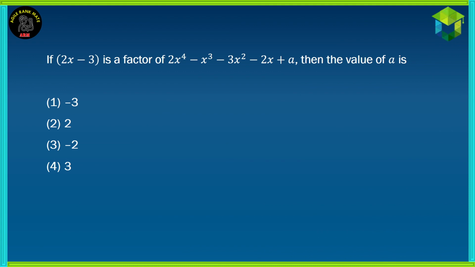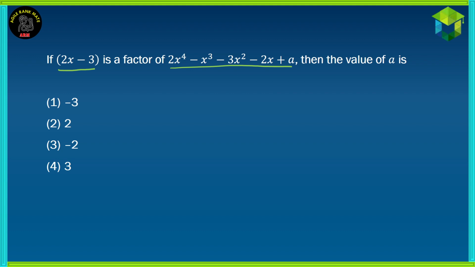Next question. If 2x minus 3 is a factor of this whole p of x, then the value of a is. So over here, we know that if something is a factor of another, then the remainder between them would be 0.